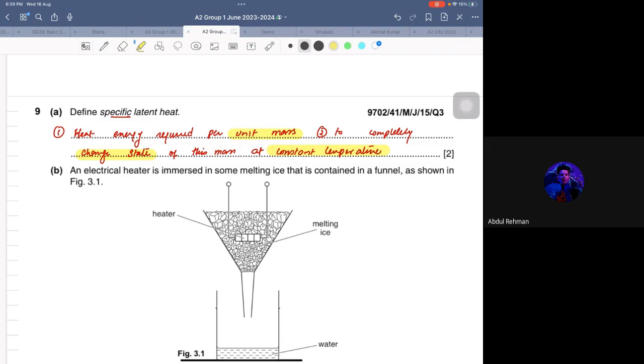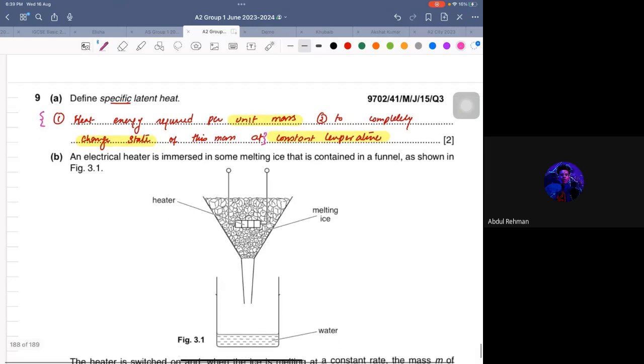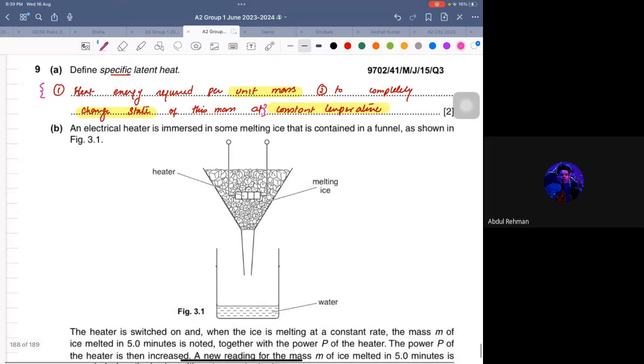Now, I would like to also comment on something here. If you have written everything correctly from this point to this point, everything is fine, but you have forgotten about constant temperature, you will get no marks. This constant temperature carries an A1 mark, and the other one is M1.